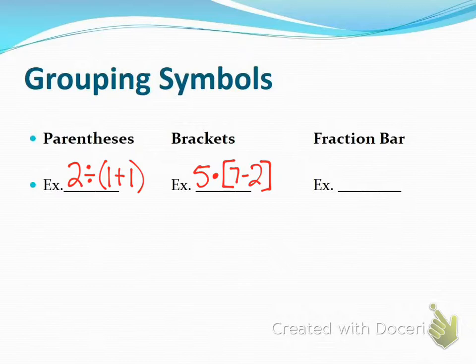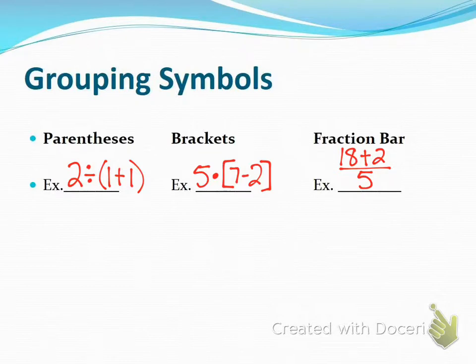So for example, if I have 18 plus 2, all of it divided by 5, that means that the 18 plus 2 has to happen first.